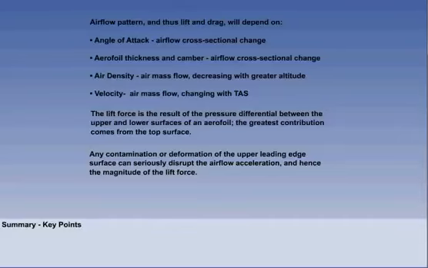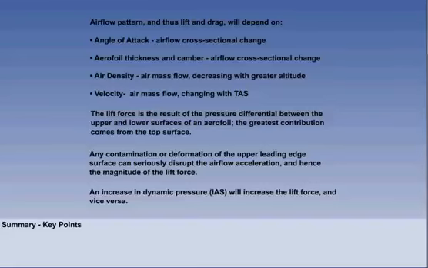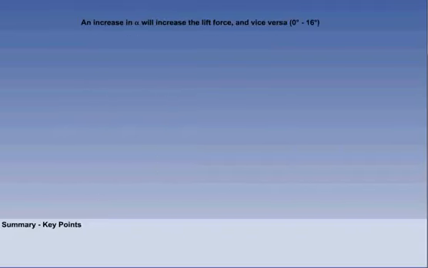An increase in dynamic pressure with indicated airspeed will increase the lift force, and vice versa. An increase in angle of attack, alpha, will increase the lift force, and vice versa, over the normal flight range of 0 to 16 degrees.